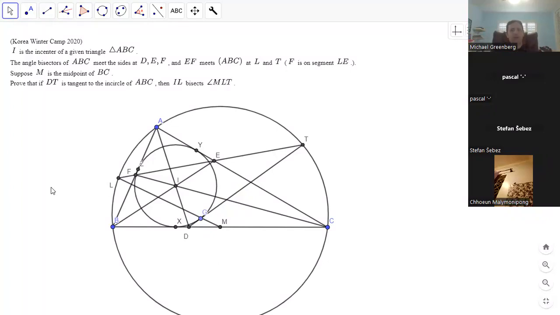Yeah, it's got a pretty simple statement. Is there a way to draw it exact? Don't know.